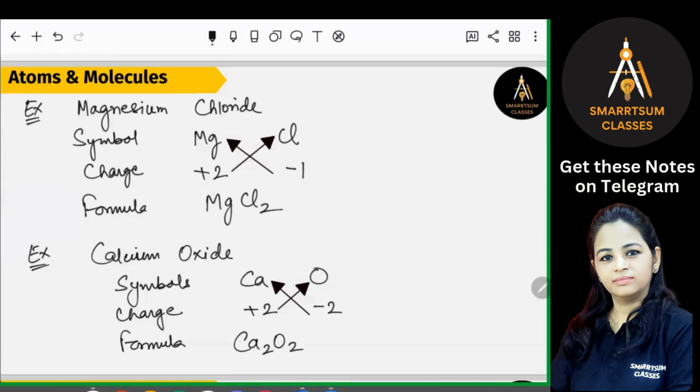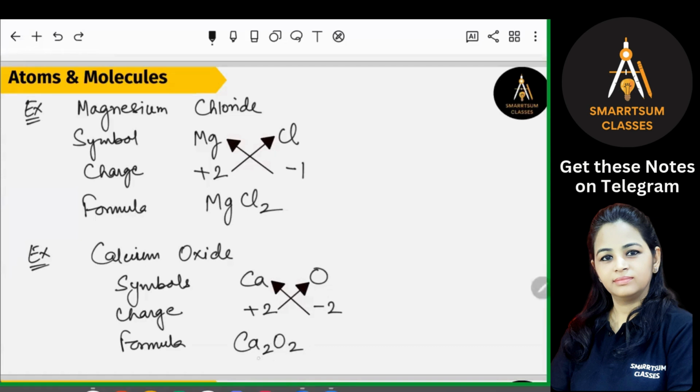Ca2O2. But as I told you, whenever the ions have a common factor, right? If you can see, both of the valencies have a common factor 2. Both are divisible by 2. So what we do, we divide the valency by that common factor and then write the formula.